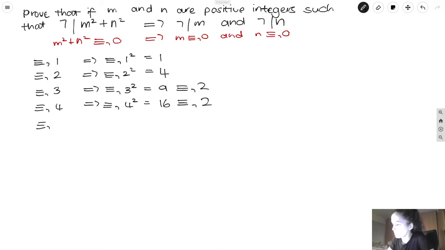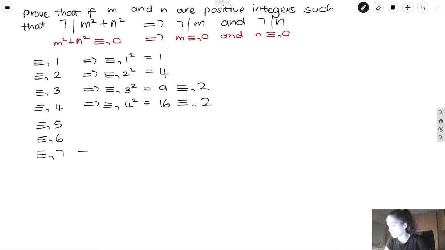So we continue this pattern, 5, up until we reach 7. What you'll note about 7 is that if you divide 7 by 7, it's going to leave a remainder of 0.